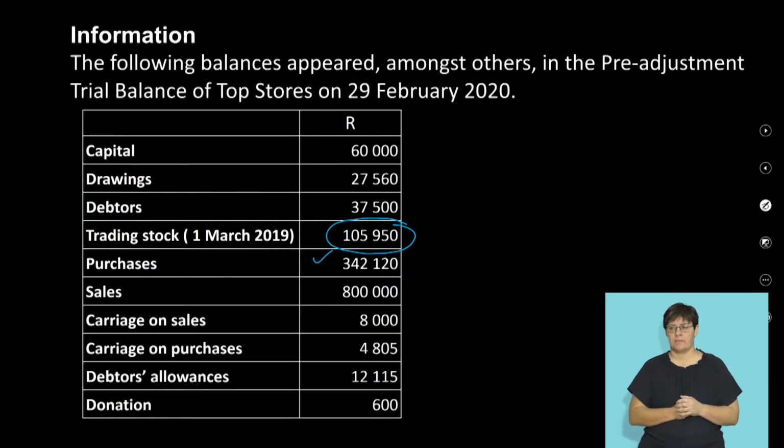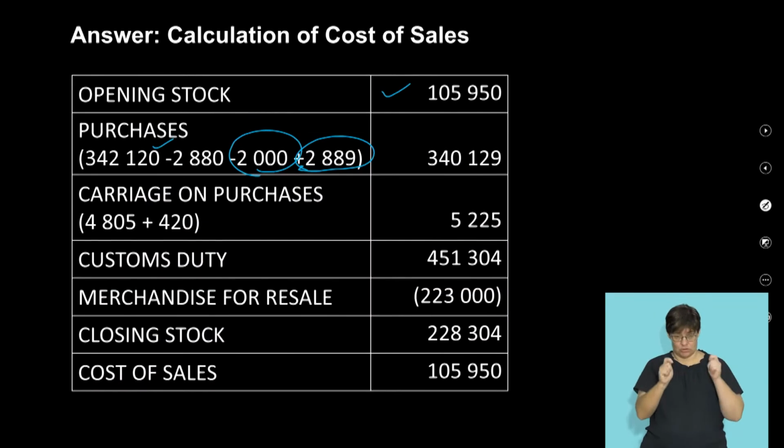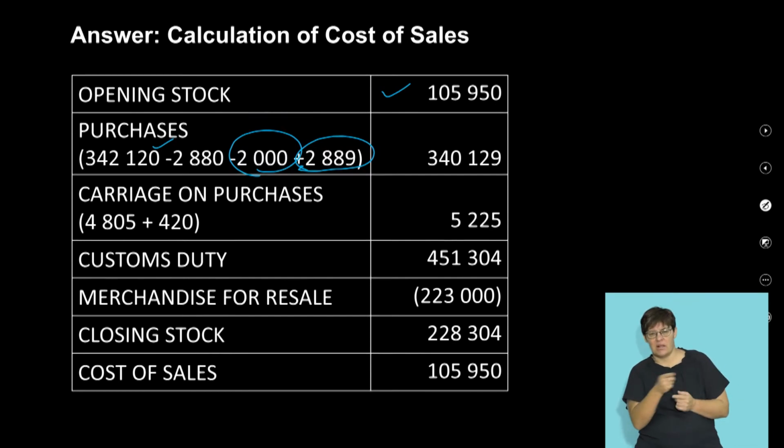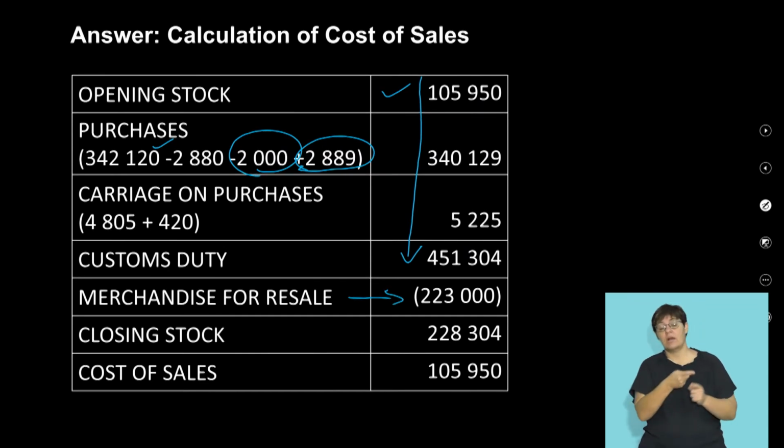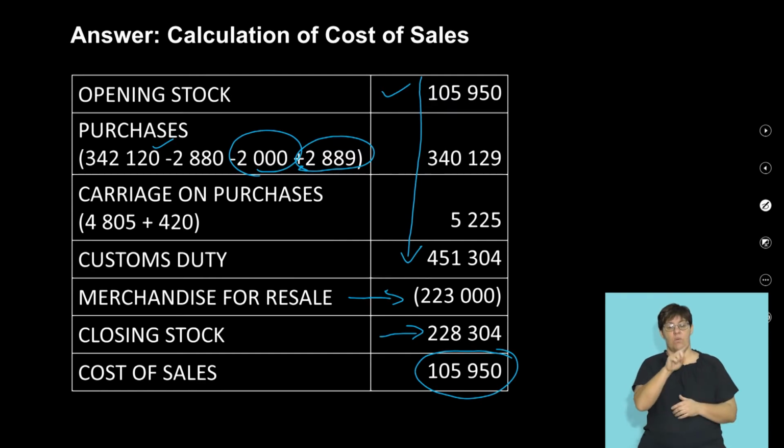So once we've done all our adjustments with regards to the purchases, we now move on to the carriage on purchases, the customs duty, the merchandise available for resale. Remember, we're adding all the way down, right up to the customs duties. That will give me my merchandise available for resale. I now subtract my closing stock figure of 228,304 to give me my cost of sales of 105,950.